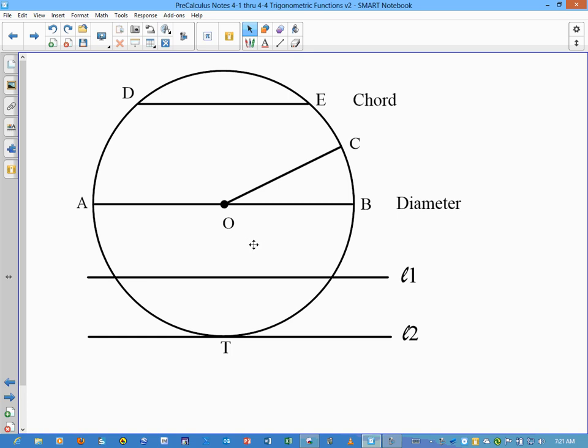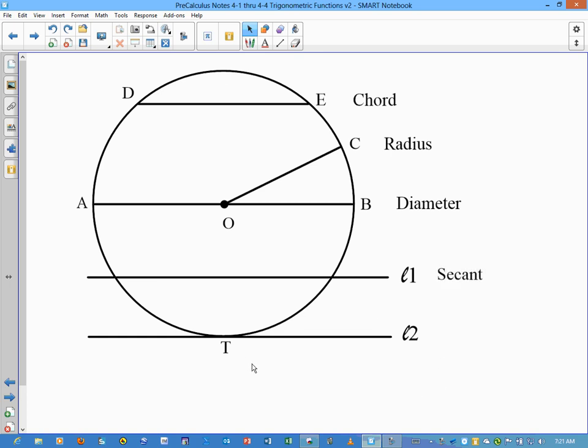Now, if you have a segment that goes from the center of the circle to any point on the circle, then we would call that a radius. And then for the lines, the way they interact with the circle, if you have a line such as L1 that intersects the circle in 2 points, in other words, it has to go into the interior of the circle to do that, that line was called a secant line.